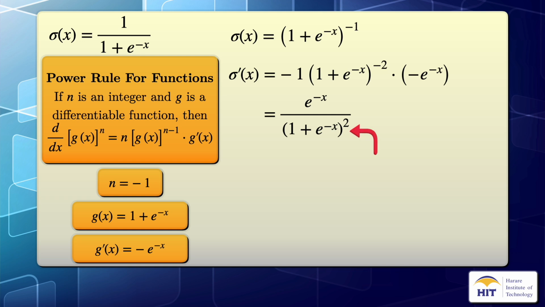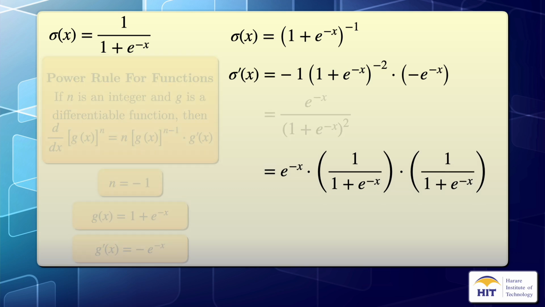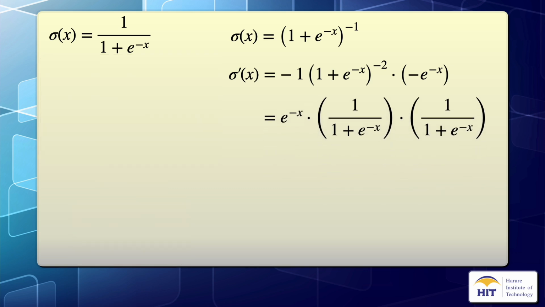This (1 + e^(-x))^2, we can just write as 1 over (1 + e^(-x)) multiplied by 1 divided by (1 + e^(-x)). So our expression becomes e^(-x) multiplied by 1 divided by (1 + e^(-x)) multiplied by 1 divided by (1 + e^(-x)).